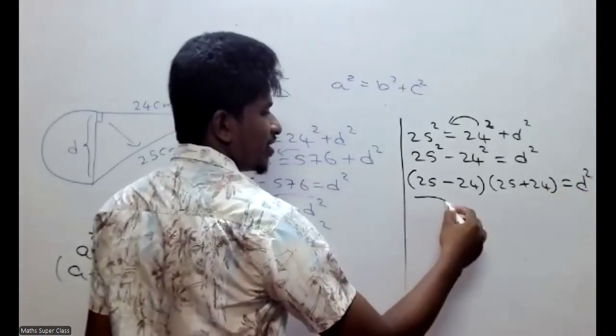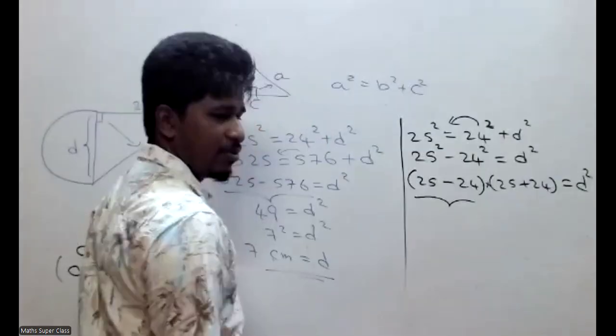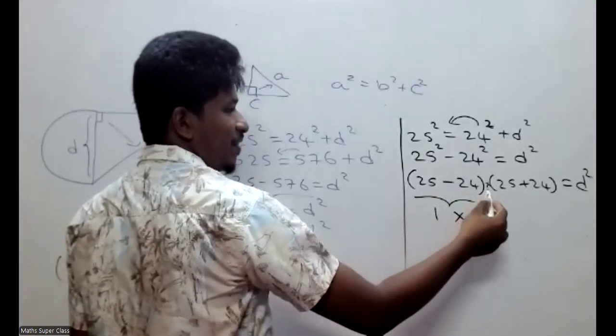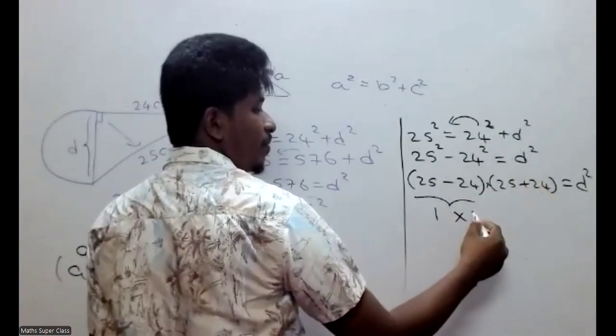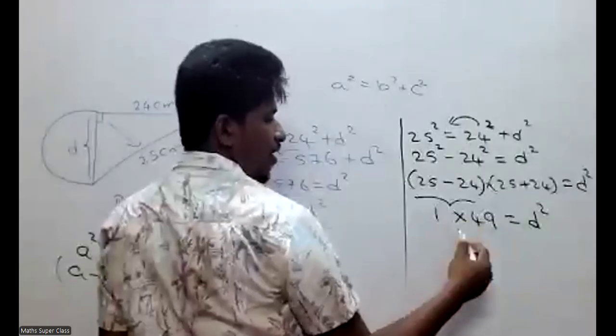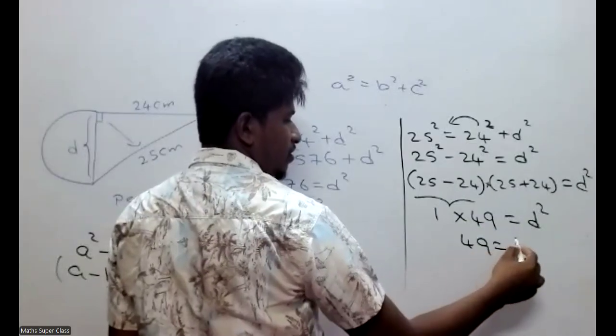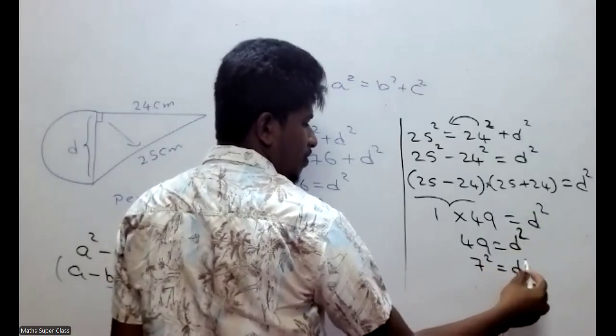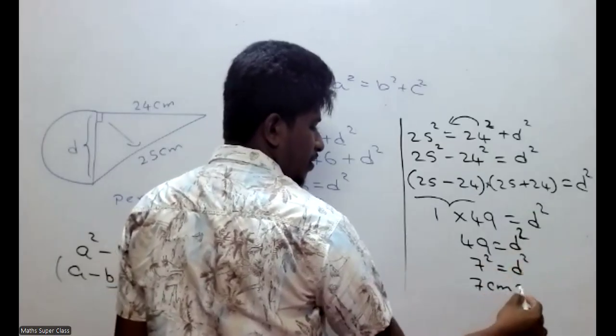Now the multiplication is easy. 25 minus 24 means 1, multiplied by 25 plus 24 which means 49. So 49 into 1 means 49 equals D square. 49 means 7 square equals D square. So 7 centimeter equals D.